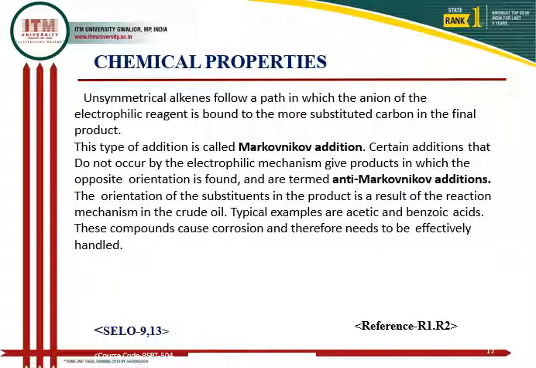In the case of symmetrical alkenes, the electrophilic addition takes place in a two-step process forming an intermediate. But in asymmetrical alkenes, the electrophilic addition gives different products depending on a rule called the Markovnikov rule.